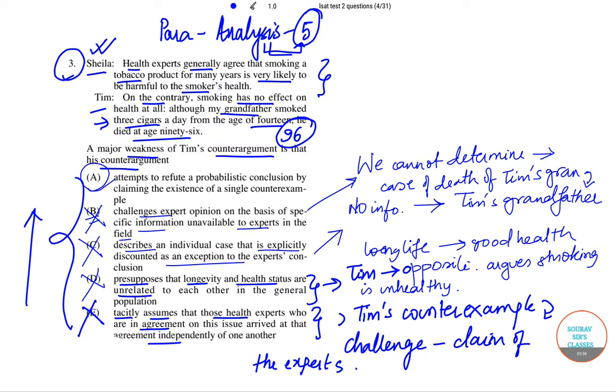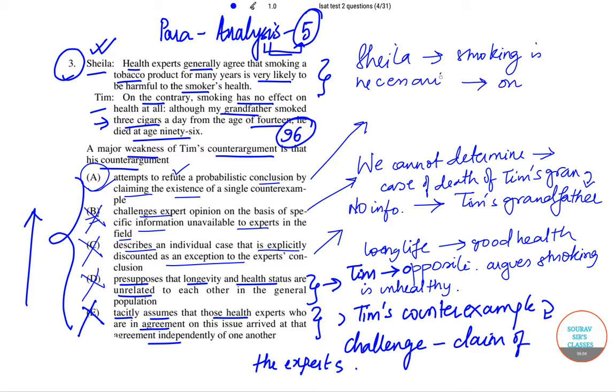The last option is A. It says, attempts to refute a probabilistic conclusion by claiming the existence of a single counter example. Now, the individual marked as Shayla does not claim that smoking is necessarily harmful to one's health, just that smoking is very likely to harm one's health.